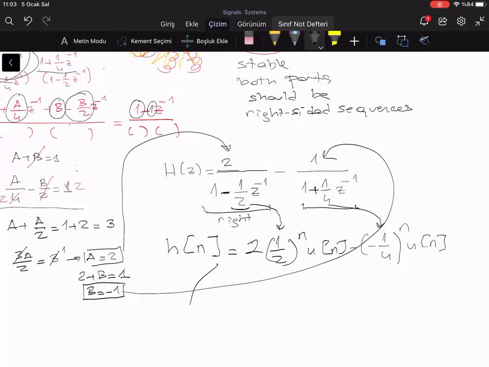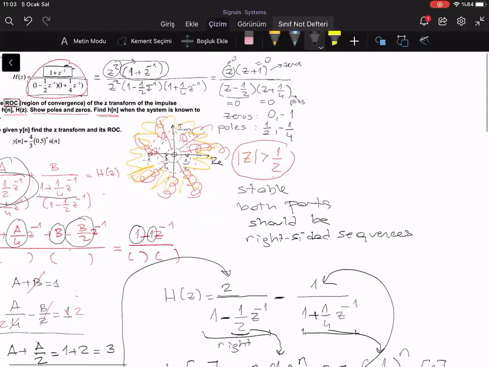Hocam, at this point, may I ask something? Sure. When we are plotting the ROC, we directly said that both are right-sided. What if we say the inner part is left-sided? Again, it is stable, right? Then there would be no overlap, right, Süleyman?